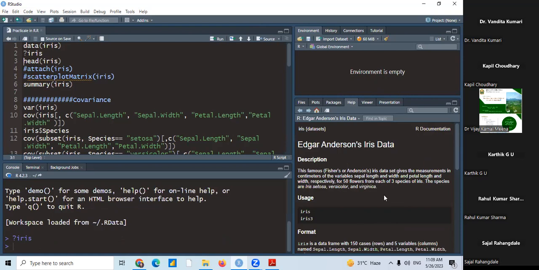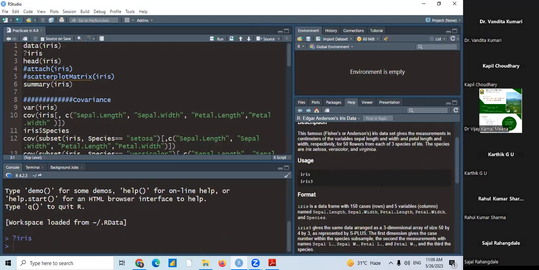This is the famous Fisher or Anderson iris data set, which gives the measurements of the variables sepal length, sepal width, petal length, and petal width of 50 flowers, and the data has been taken for 3 species. So this is the description.